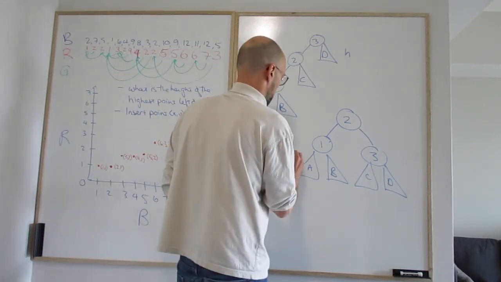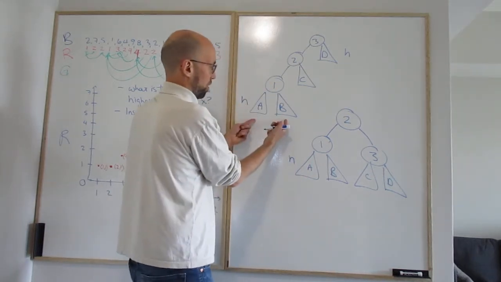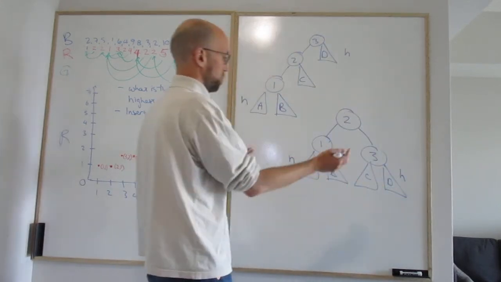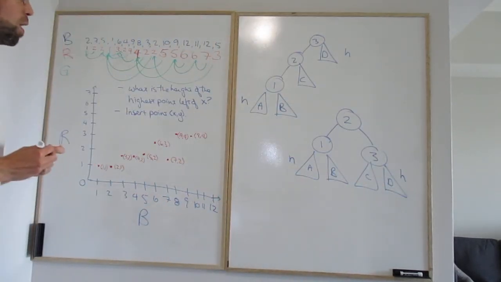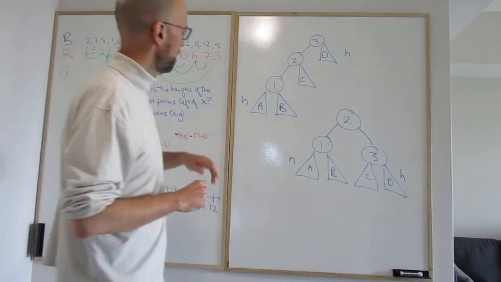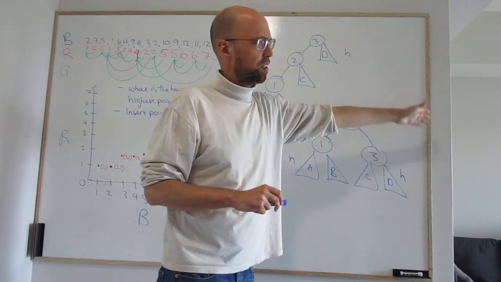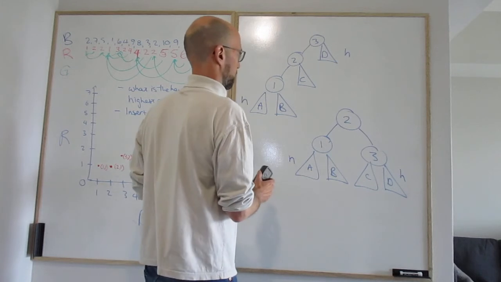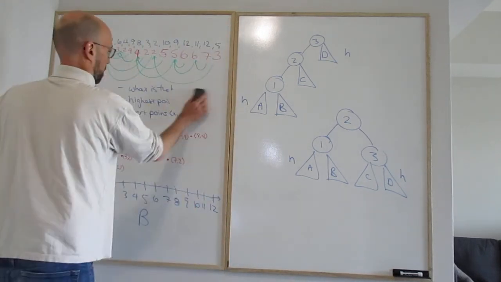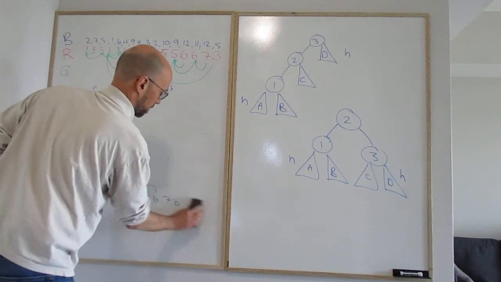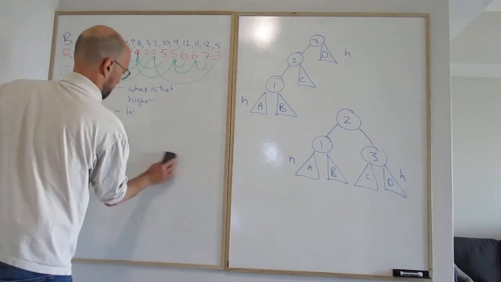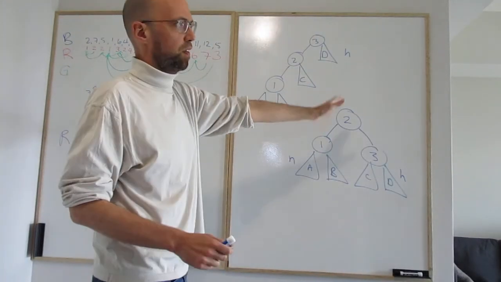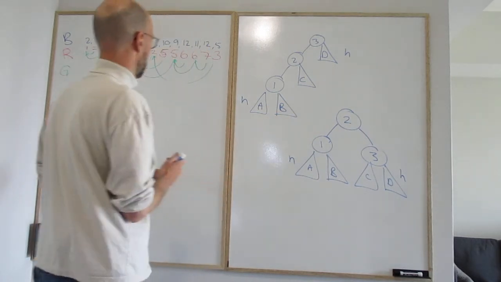But now this is height h, and it obeys the rules. Everything is good. So then the other case is it's right degenerate, and the other case is it looks like this. So this is the rotation.